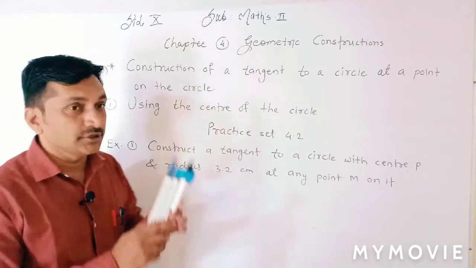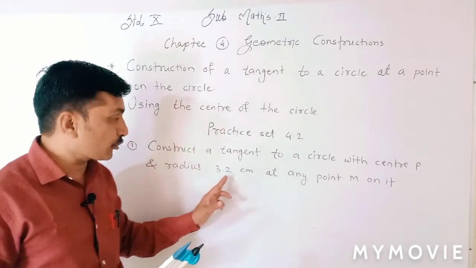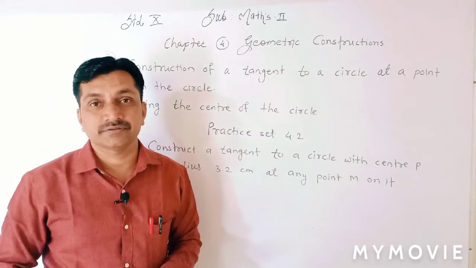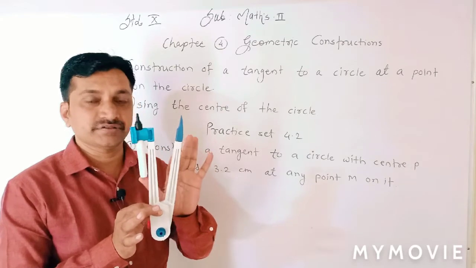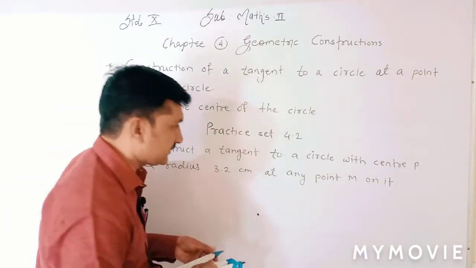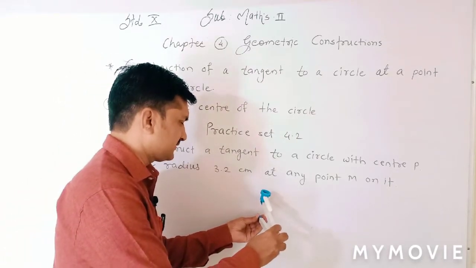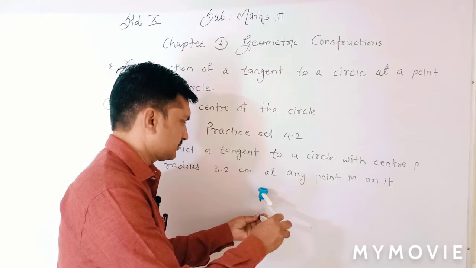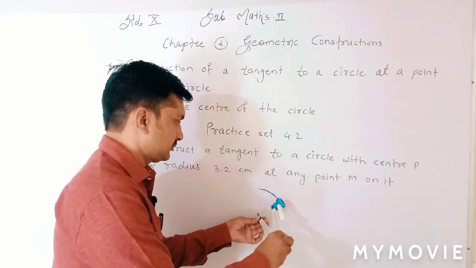First of all, in the compass take 3.2 centimeter distance, because this is the radius of the circle. Take point P as the center and draw very carefully.